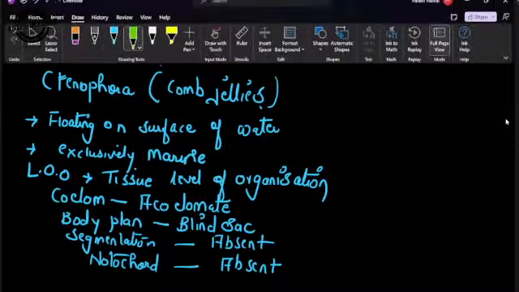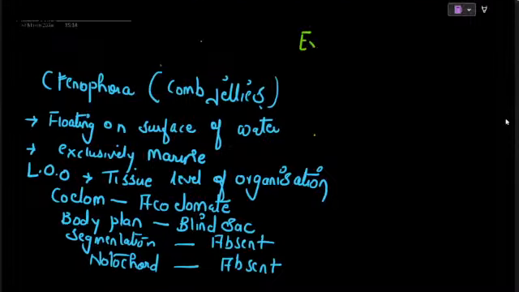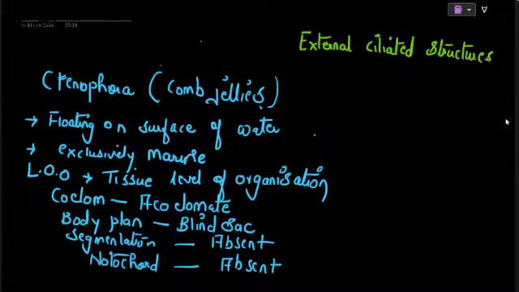External ciliated structures are known as comb plates. 18 in number, correct?